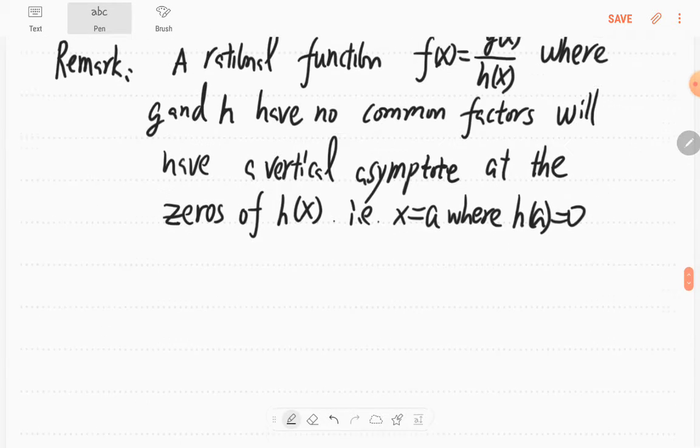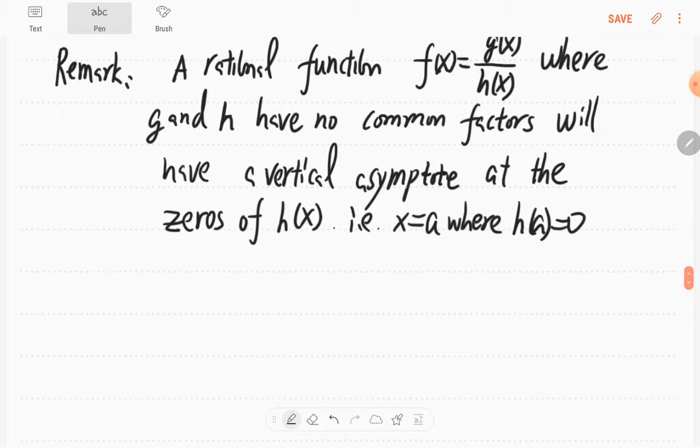So here is a very important thing. This h and g should have no common factors. So it's essential to cancel any common factor before locating the vertical asymptote.